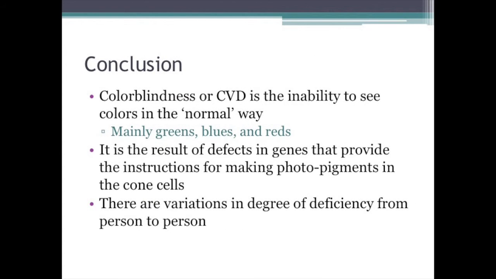So to briefly go over what we just talked about, color blindness or CVD is the inability to see greens, blues, and reds in the normal way. It is the result of defects in genes that provide the instructions for making photopigments in the cone cells. There are variations in degree of deficiency from person to person.